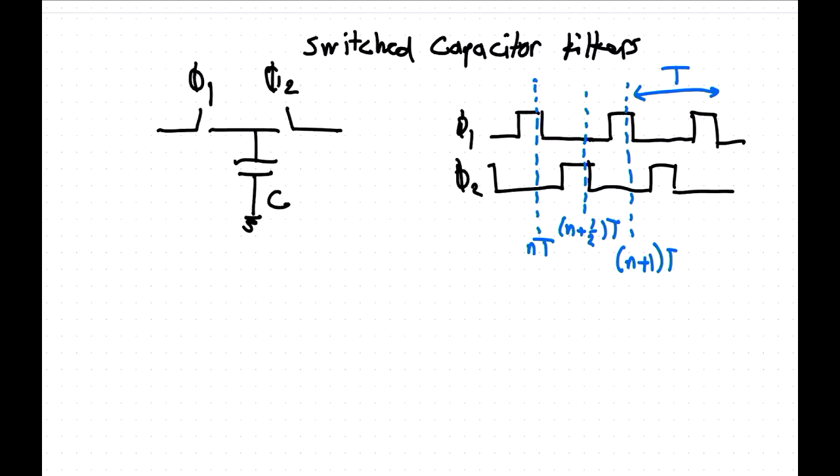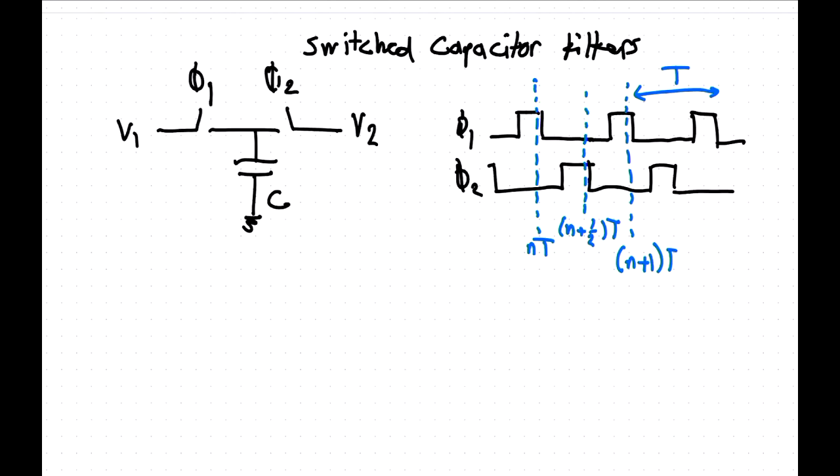Now, if we look at applying a voltage here and another voltage here, then we can see at the end of clock phase 2, the voltage across the capacitor has been switched to V2. That's been charged up to V2.